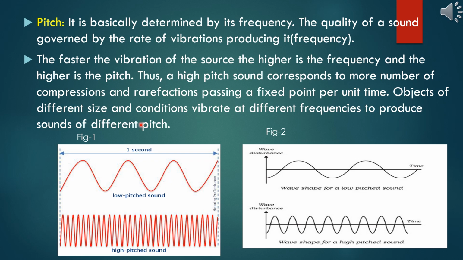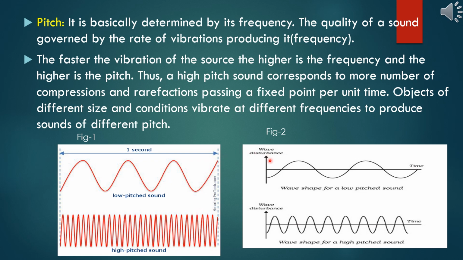Objects of different size and conditions vibrate at different frequencies to produce sound of different pitch. Children, observe figure 1, where low pitched sound shows only 3 compressions and 3 rarefactions, whereas high pitched sound shows more than 20 compressions and 20 rarefactions.